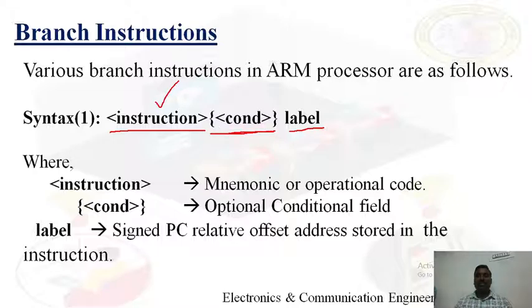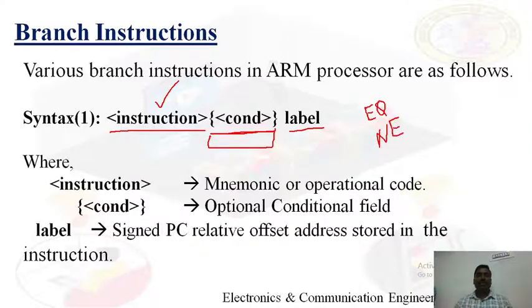Then the conditional field: there are two types of branch instructions, conditional or unconditional. If you apply the conditional field, such as equal, not equal, minus, less, those condition fields. For equal you just append the letters EQ, and for not equal you use the letters NE.